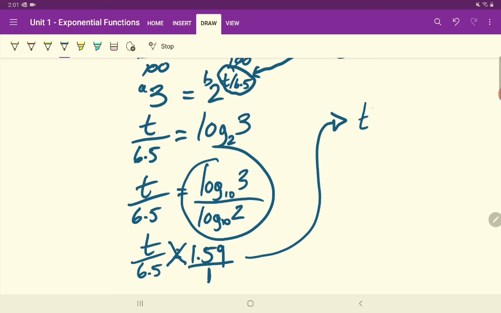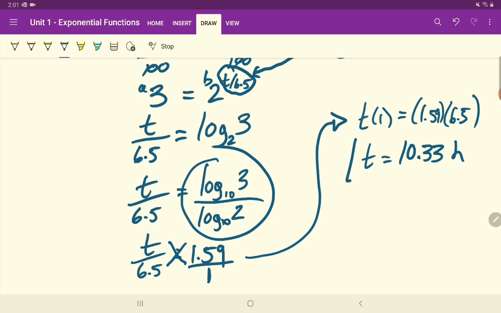So t times 1 is equal to 1.59 times 6.5. So t is equal to 10.33 hours. So the bacteria will get to a population of 300 after 10 hours.